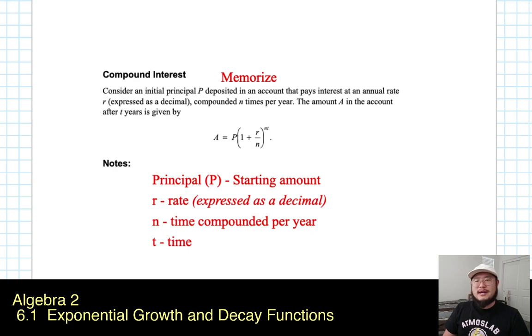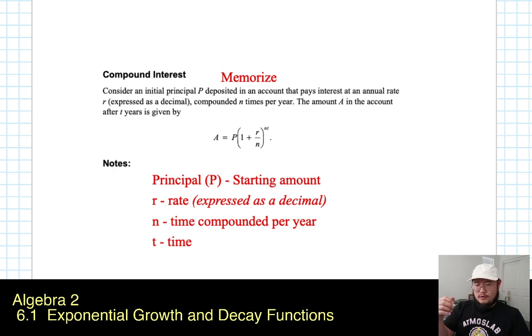Okay, so those are the differences right there. So we have right here, once again, I put down principal is P, that's your starting amount. R is your rate, and that's expressed as a decimal. N is the number of times compounded per year. How many times?